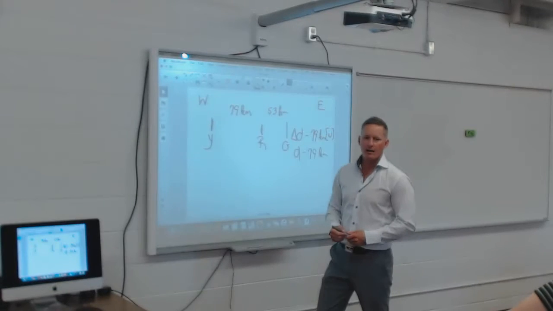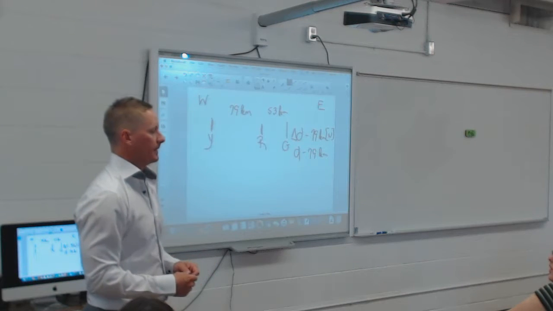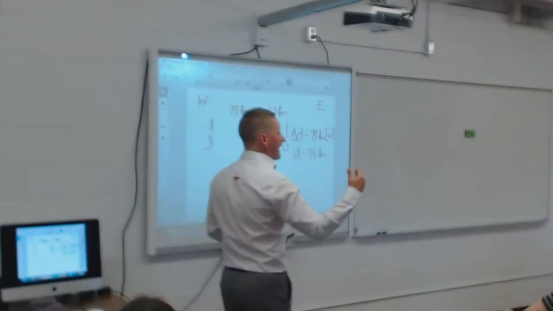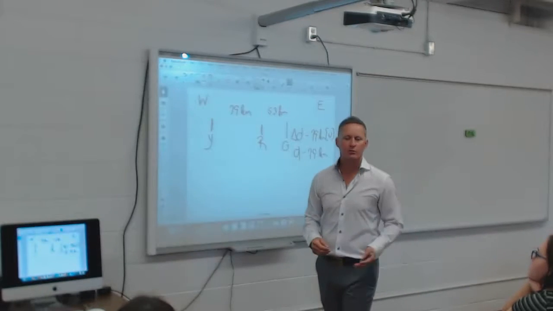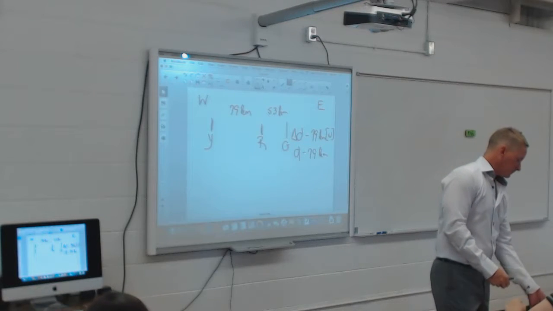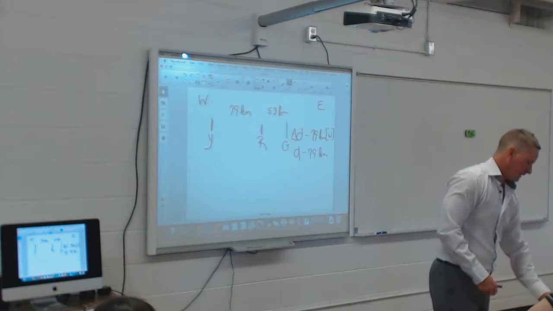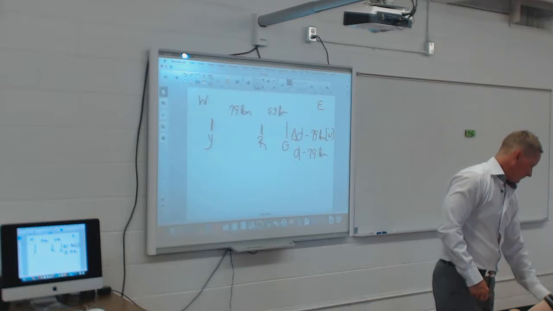What's my distance traveled? 211 kilometers. I just add it all together. Distance, you're just adding everything together. Displacement, you take your final position minus your initial position. Okay so far? That's all stuff that we should have learned in grade 10.